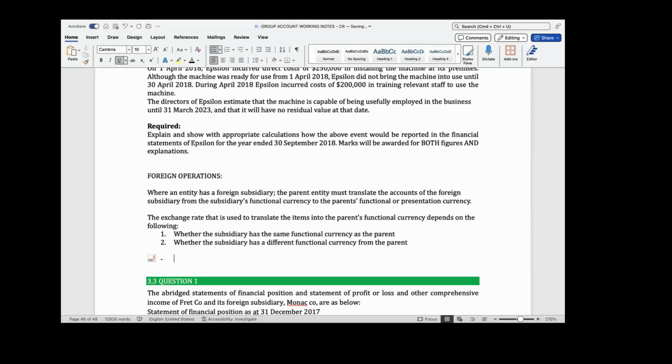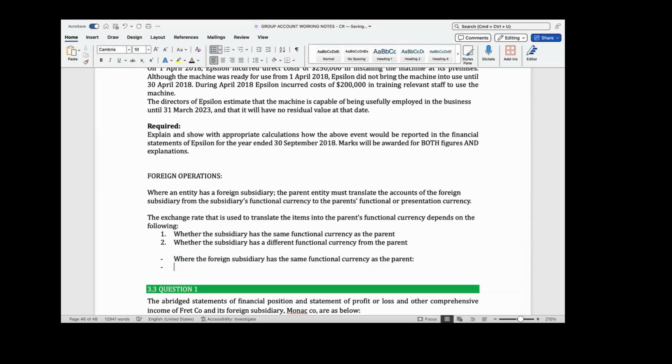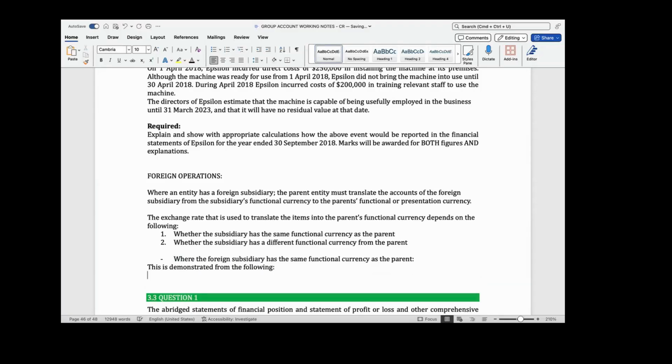So the first scenario is where the foreign subsidiary has the same functional currency as the parent. And how do you know? This is demonstrated from the following.